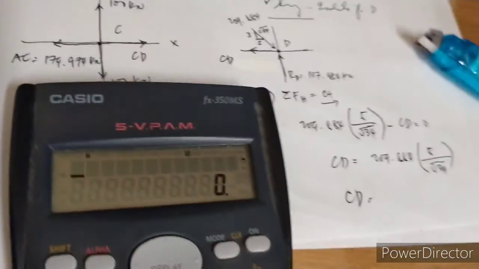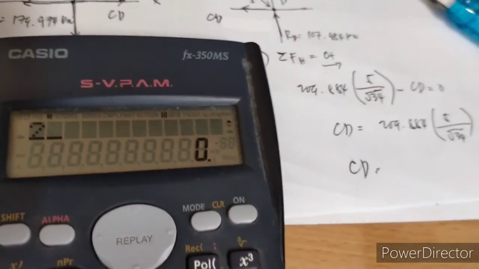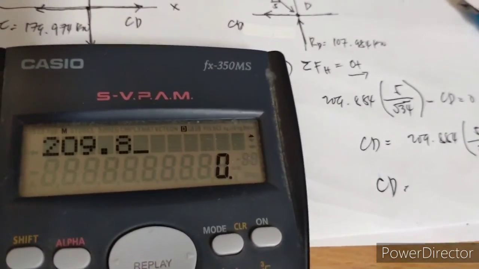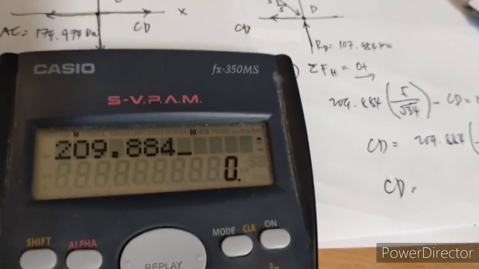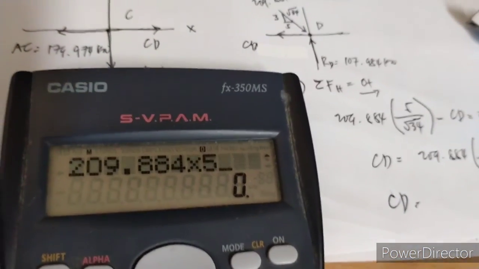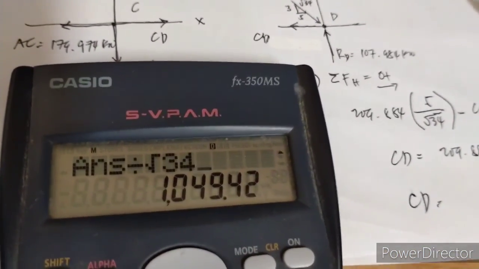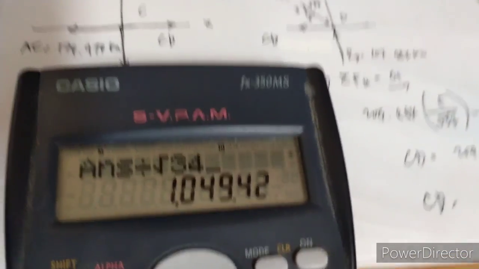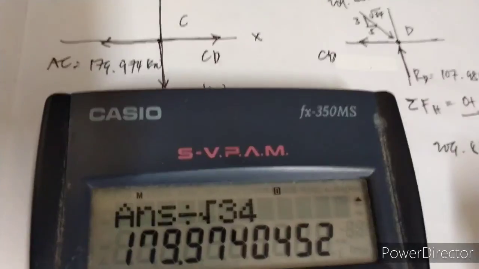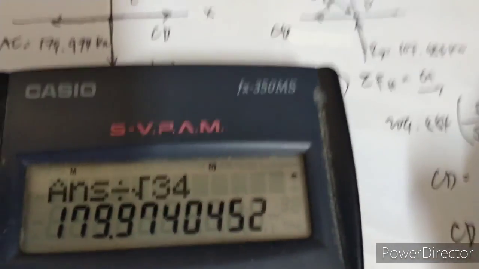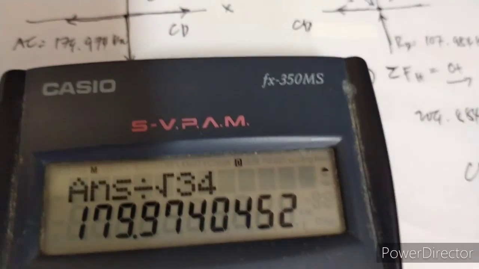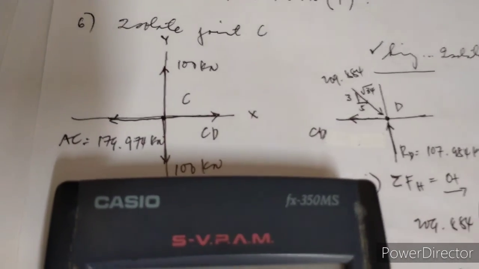So simplifying further, we have CD to be 209.884 times 5 divided by square root of 34. This is 179.974 kilonewtons. This is tension.